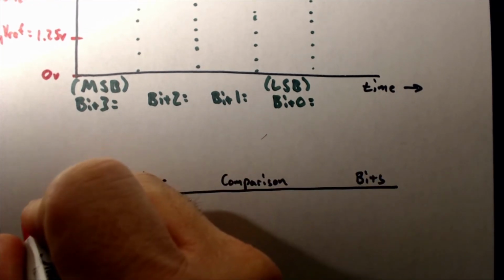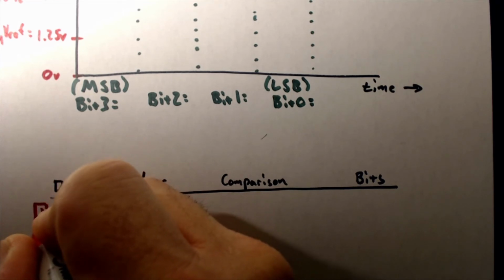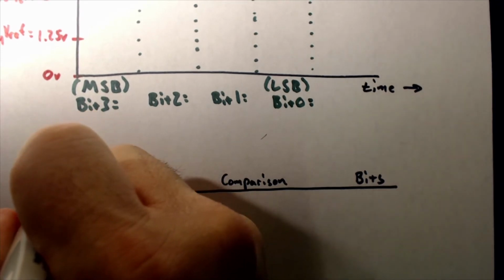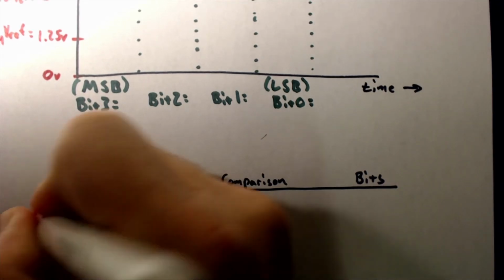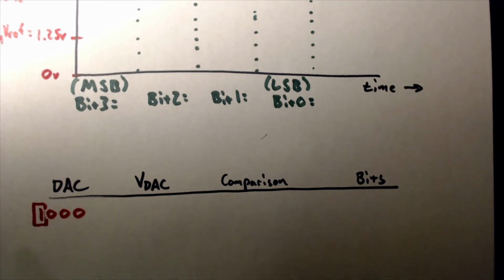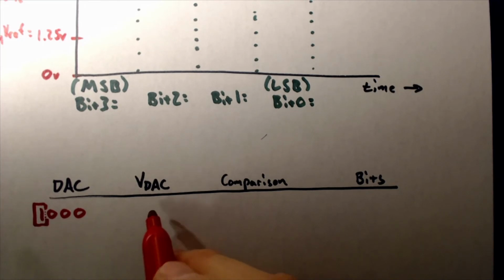All we do here in the first step is set that first bit high. I'm trying to draw a box around that first bit. So you start off with everything 0 except for that most significant bit set high. Now we need to answer the question of what's the voltage output from our DAC.